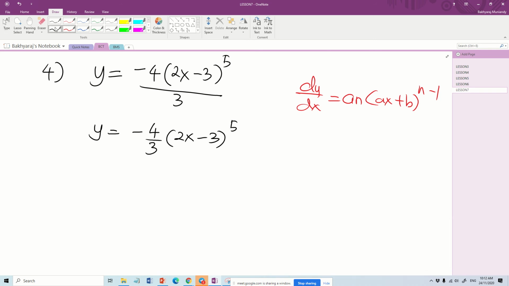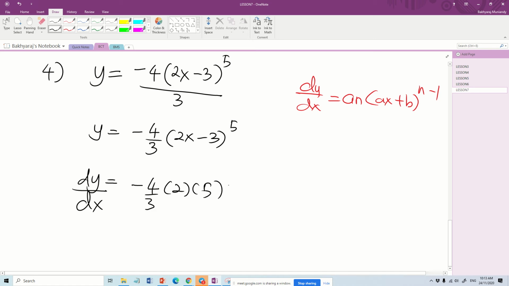So I get y equal, dy dx equal, okay, negative 4 over 3 times 2 times 5, 2x minus 3 power of 5.